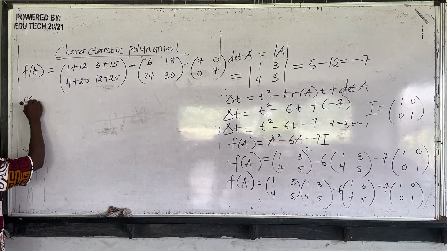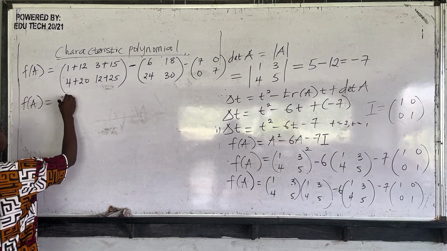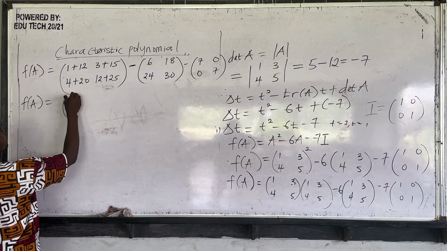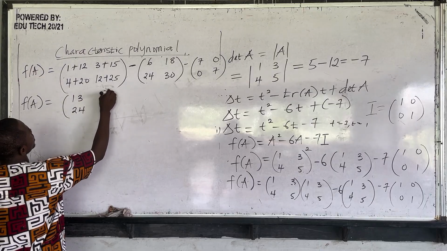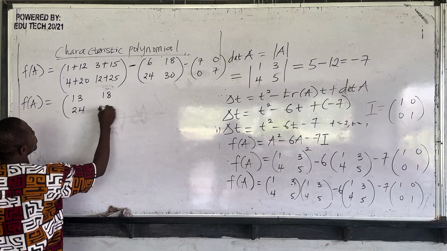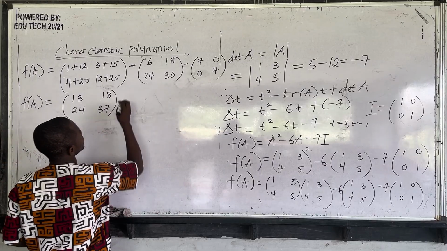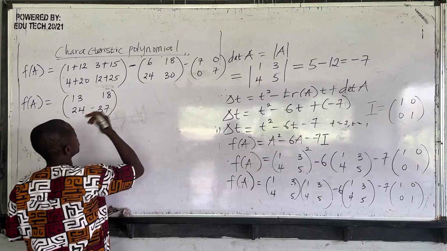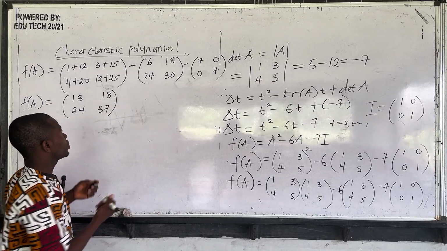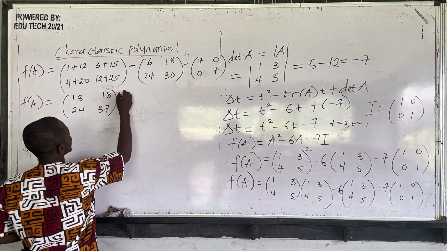So the f of A will now be equal to 1 plus 12, 13, 24, 18, 37. Now, we can do it in 2 ways. We can first subtract, but let's just write it out first.